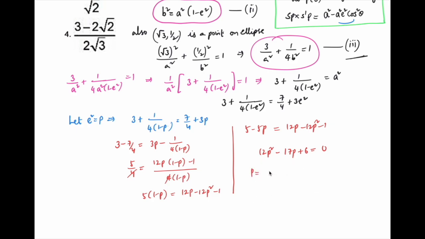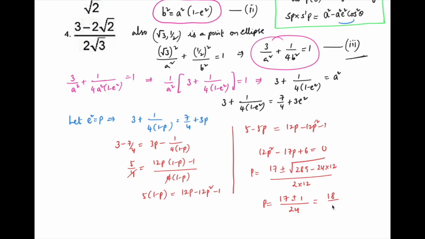So that P is equal to 17 plus or minus under root of 289 minus 4ac. So 4 times 6 is 24, 24 into 12 is 288, divided by 2 into 12. So 17 plus or minus root of (289 minus 288), which is 1, divided by 24.